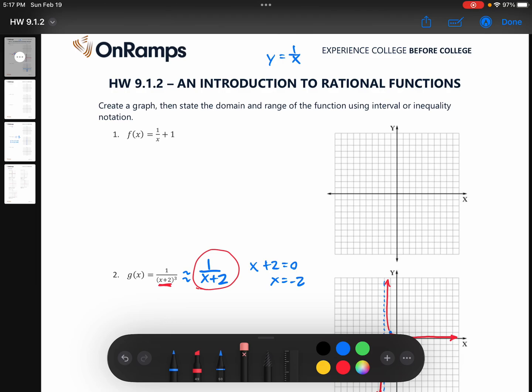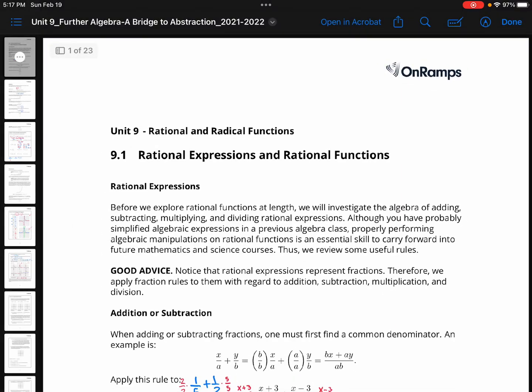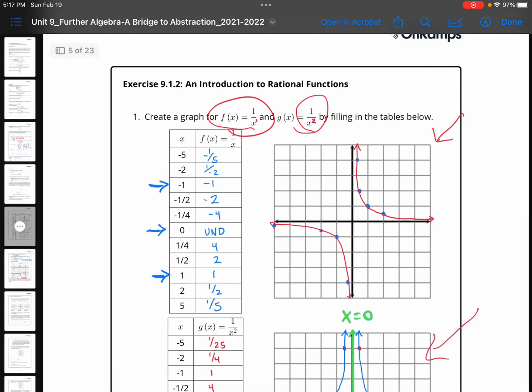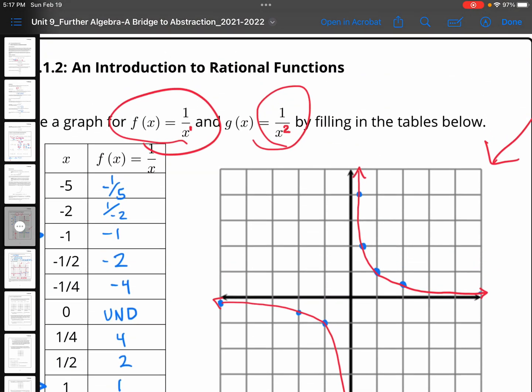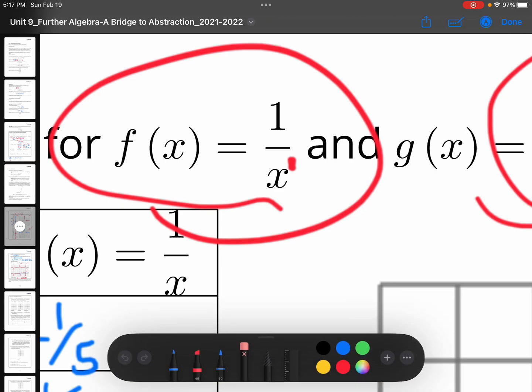All of these functions are either going to look like, let me go back to your notes so you can see what I'm talking about. So take a look at your notes. They're either going to look like this if the bottom of the function is an odd degree.